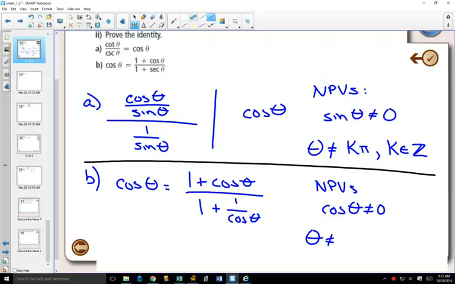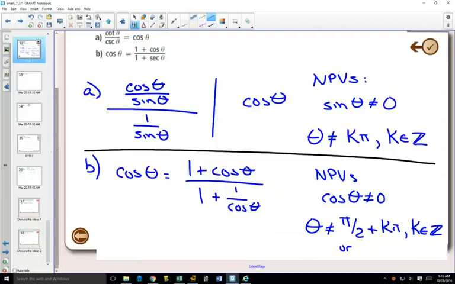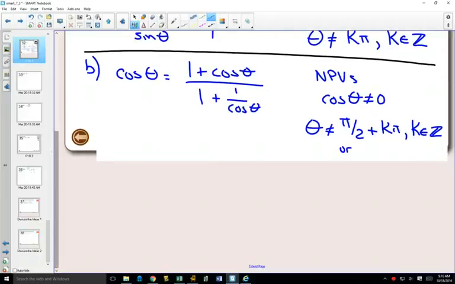So depending on how you like to write, since one of them is pi over 2, and there's a distance of pi between each of your zeros for cos, you could say theta can't equal 2k plus 1 times pi over 2, because that's writing an odd number times pi over 2. So that's one set of non-permissible values.